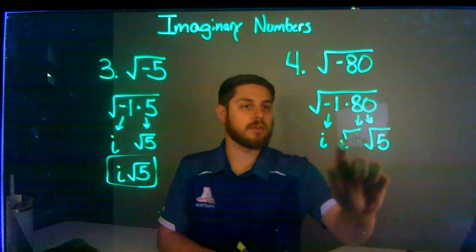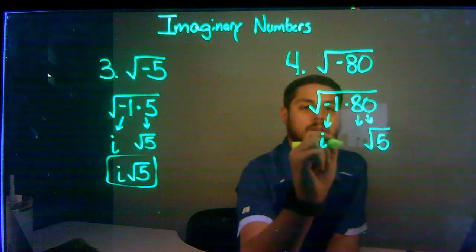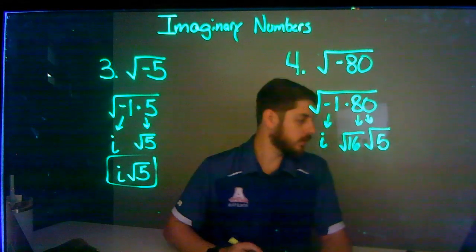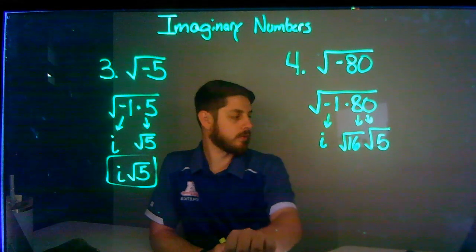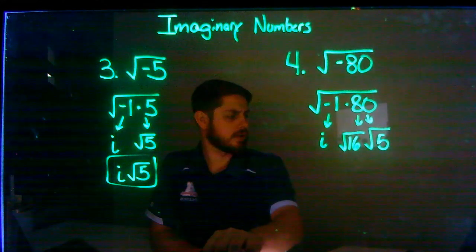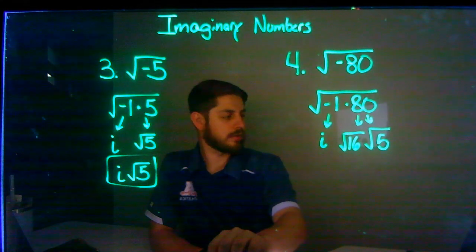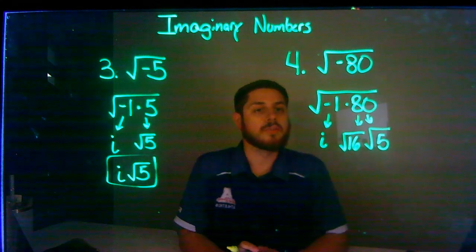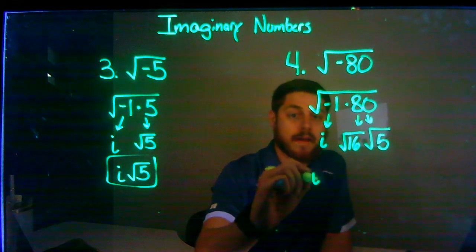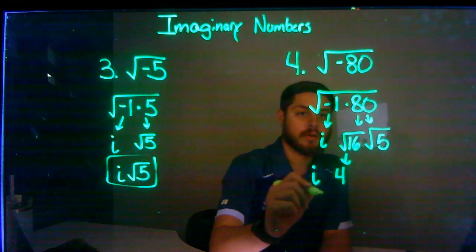So let me try to make that a little easier for y'all to see. So square root of 16 times the square root of 5. That's kind of hard to see. Might be the best I can get it. So, well, then we can keep simplifying. This is going to stay i. The square root of 16 is 4.